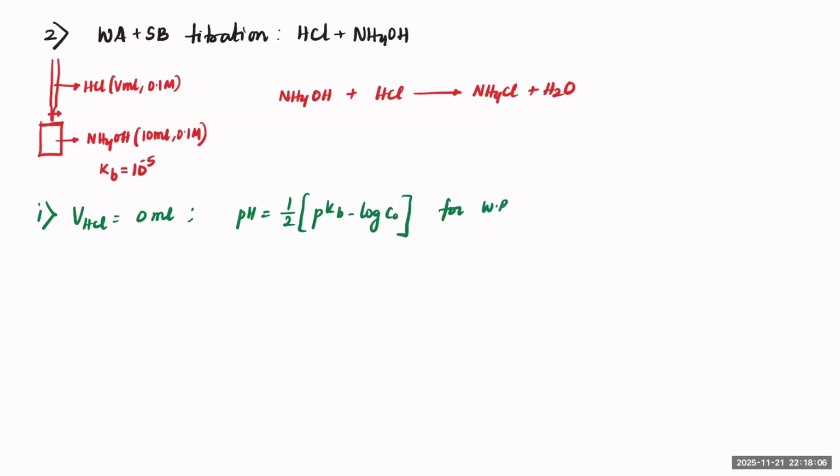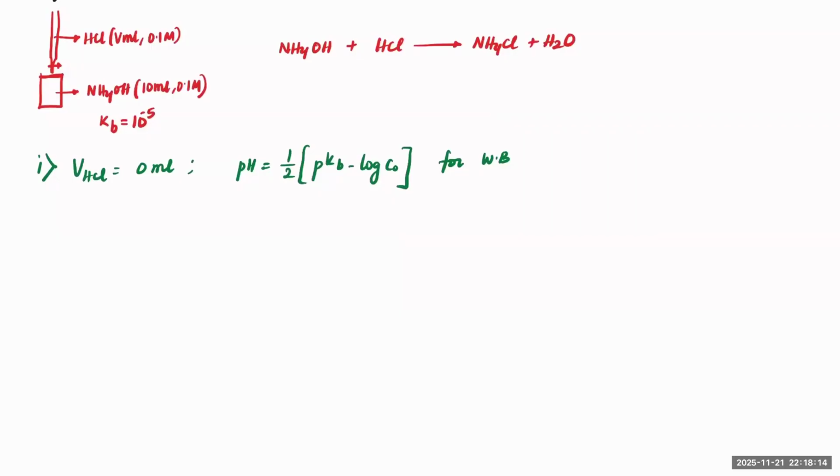So pOH, not pH, pOH is equal to half of pKb, where pKb is 5, minus log of 0.1. So that is equal to half into 5 plus 1, which is 6. So how much is it? 3, which implies the pH value is 14 minus 3, which is 11.